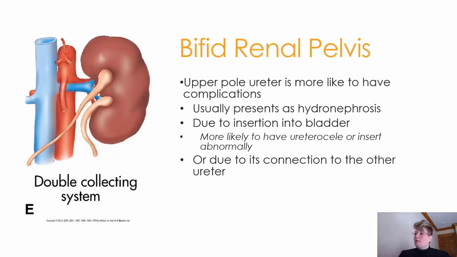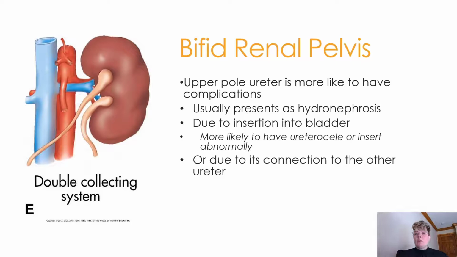There are some considerations as far as pathology goes when we see that bifid renal pelvis. The upper pole is more likely to have complications, and usually it's going to be hydronephrosis. So we'll see a little bit of fluid up on the upper pole. The lower pole, while not immune to getting hydronephrosis, most likely will not have it. And the reason the upper pole is more susceptible is due to how that ureter inserts into either the other ureter or how it inserts into the bladder.